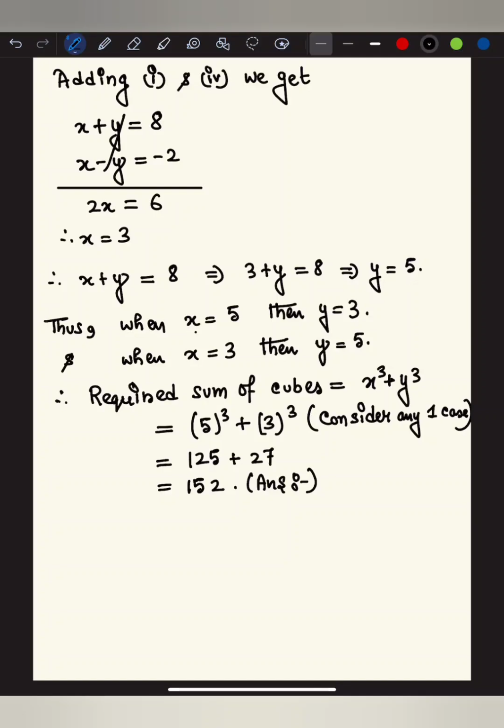So when the value of x is 5, then y equals 3, and when the value of x is 3, then the value of y will be 5. Therefore the required sum of cubes will be x cube plus y cube, which equals 5 cube plus 3 cube, or you can just write it as 3 cube plus 5 cube as well. So the answer will come up to be the same, which equals 125 plus 27 equals 152.